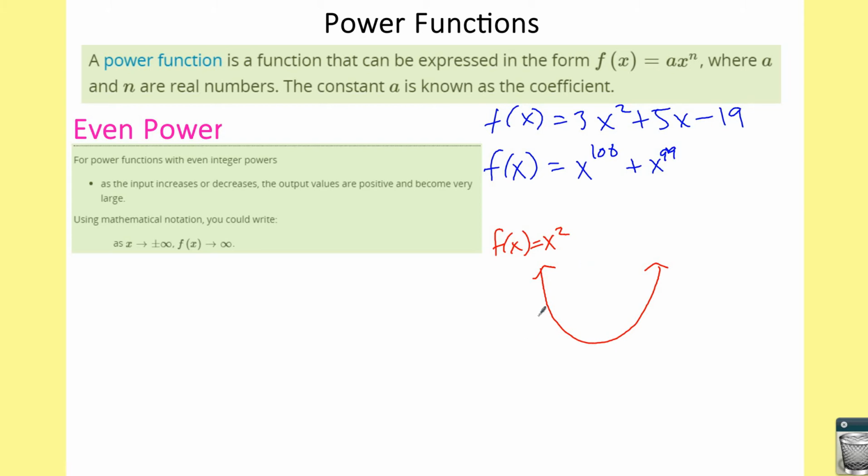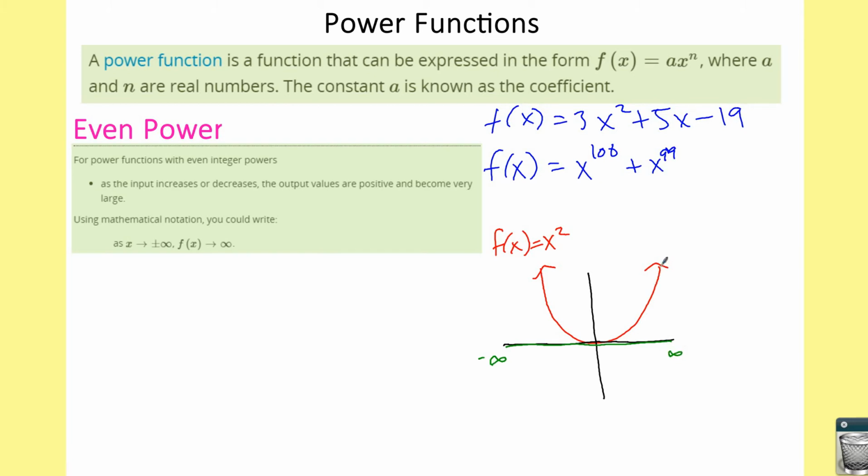Let me put my x and y axis on here, so we can look at the end behavior, not what the middle part's doing, but what the arrows are doing. The first thing we look at is our x. So x is along the x-axis, towards negative infinity and positive infinity.